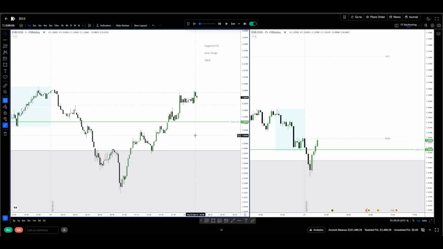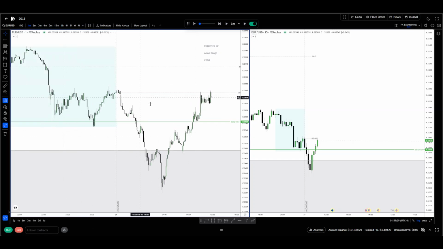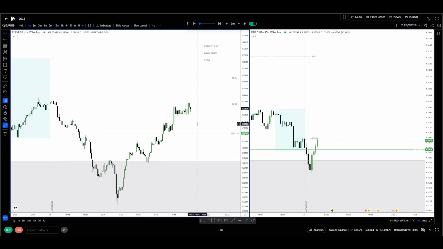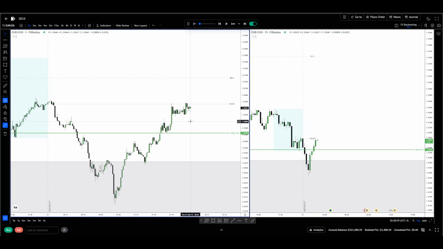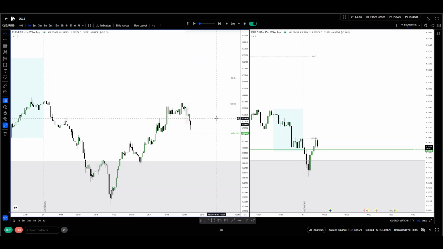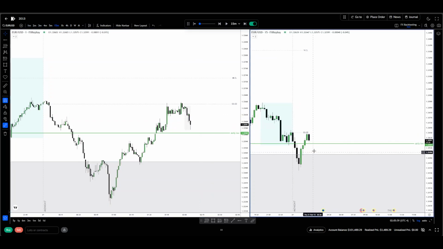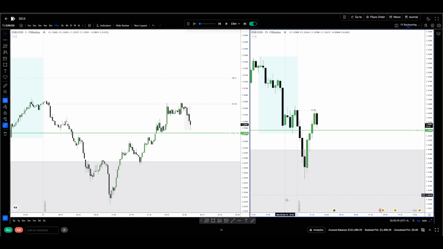Obviously the 1 minute is already bullish. But I like to see some more price action. Yeah, there is one fair value gap resting right there. So that's nice. So let's see how price is reacting to this fair value gap.